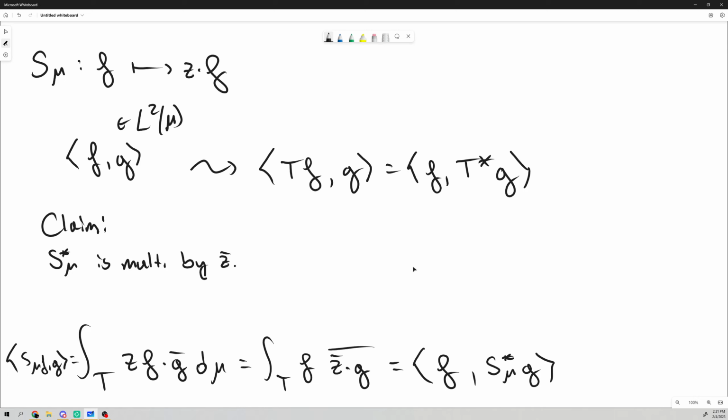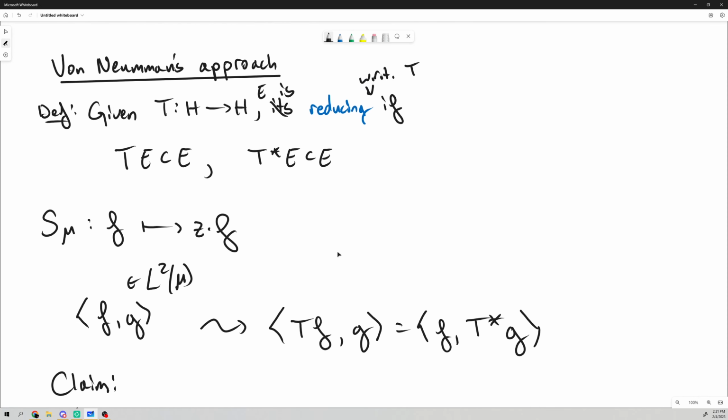Okay, so now that we know what the adjoint is, we can restate double invariance in terms of this by saying it's doubly invariant. From this, you can say that a closed subspace will be doubly invariant if and only if that subspace is reducing with respect to the multiplication operator.